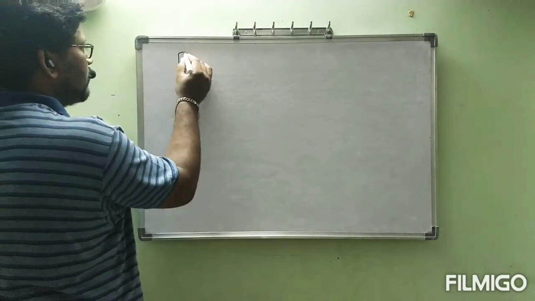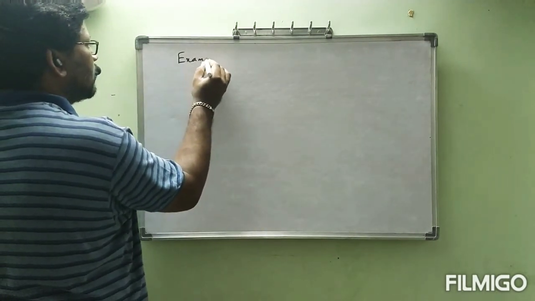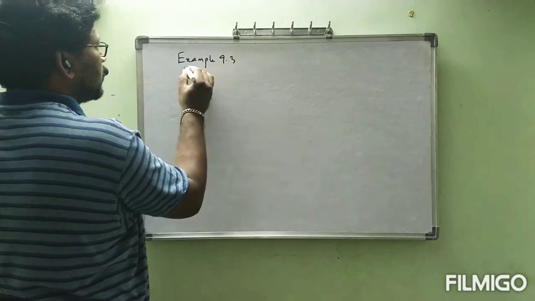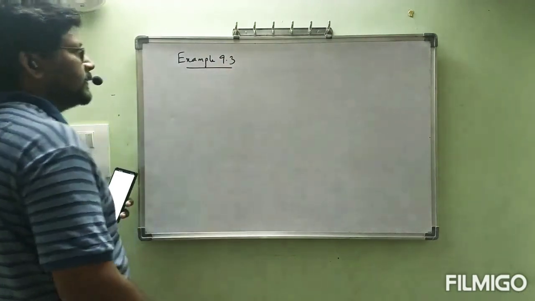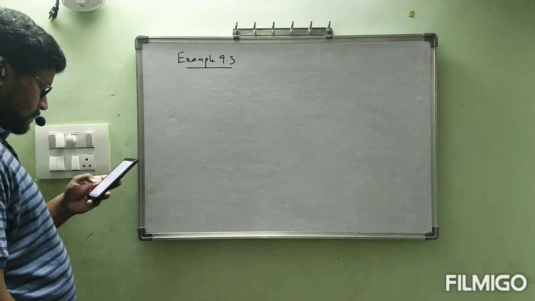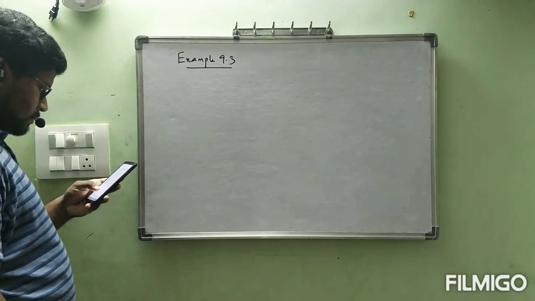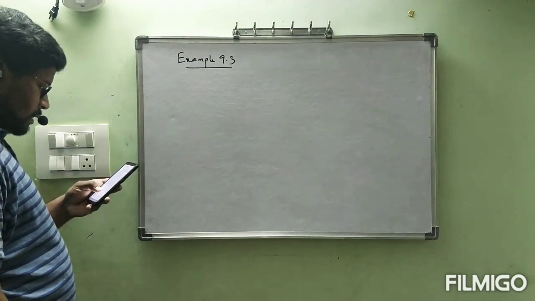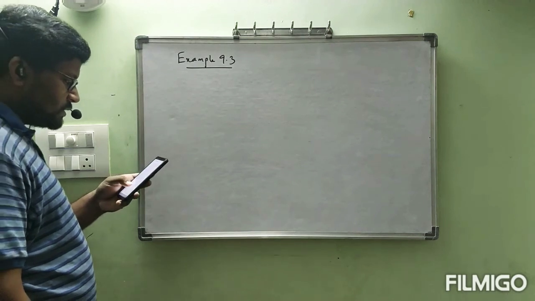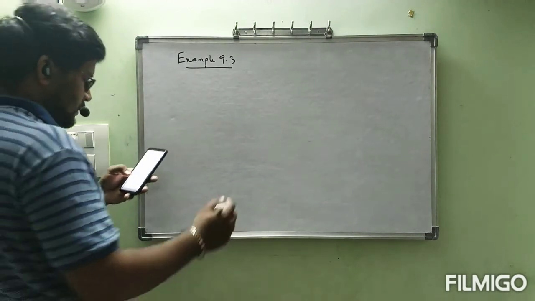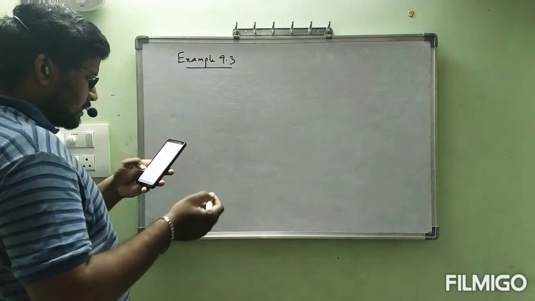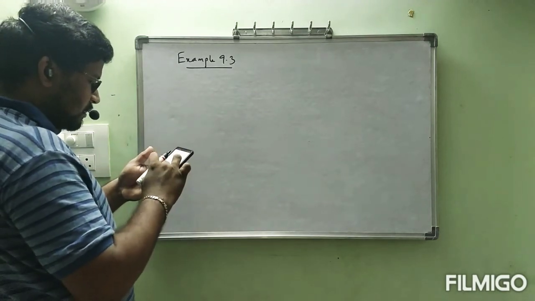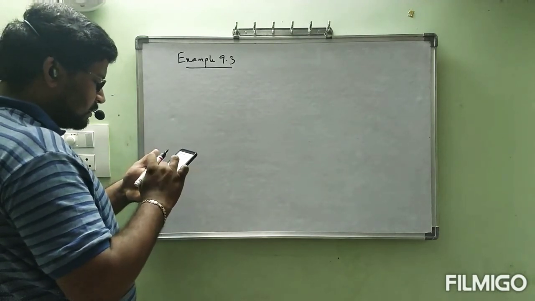Example 9.3. Write the IUPAC names of the following coordination compounds. We will complete these 5 sub-questions in 9.3.